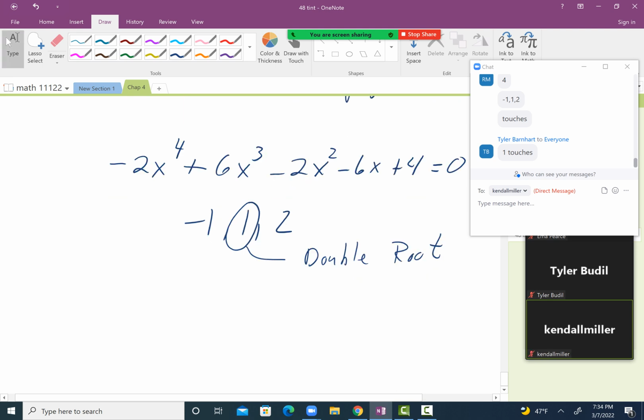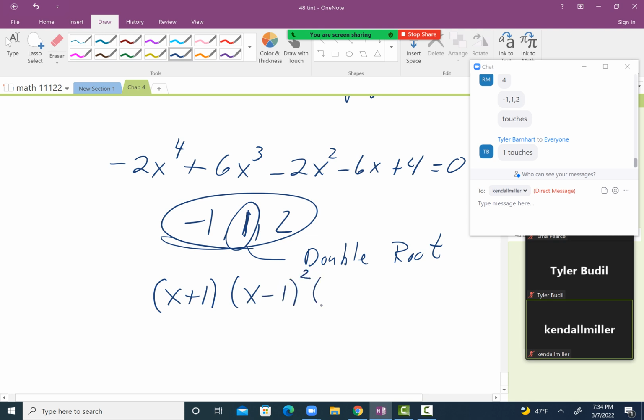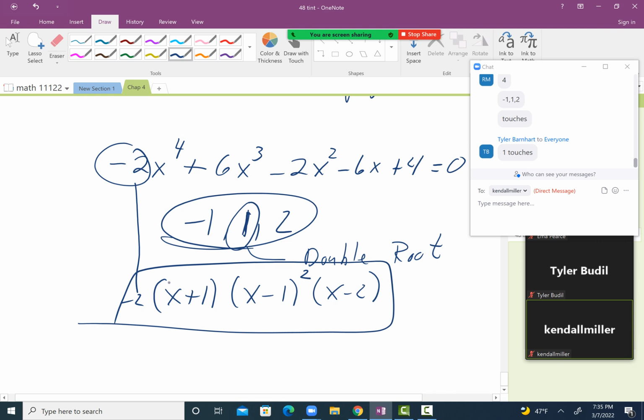I'm glad you brought that up. So here's our answers. Even though you say there's only 3 x-intercepts, the 1 is a double root, so it counts as 2. So when we wrote this in factored form, we'd have x plus 1, x minus 1 squared, and x minus 2. Now remember, this negative 2 is going to slide out in front of that, and that's what that would look like in factored form, but these are our answers.